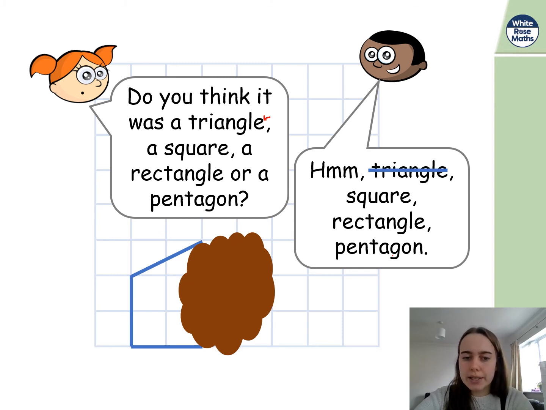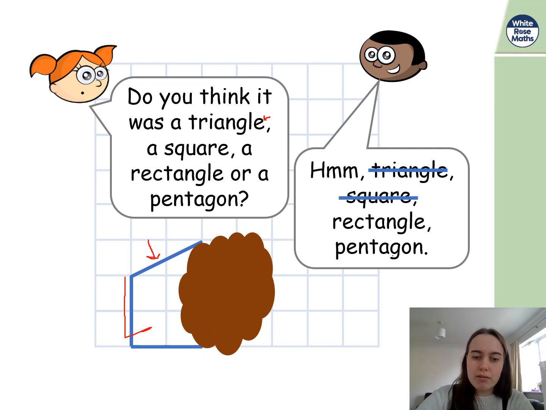How about a square? What do you think? Well, you can see here that there is a diagonal line. That means that all the sides aren't going to be the same length. We can see that this one actually goes up a little bit taller than the other 3 sides that we've got. So it can't be a square.